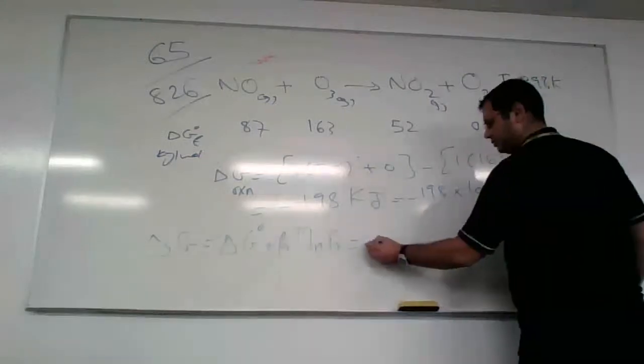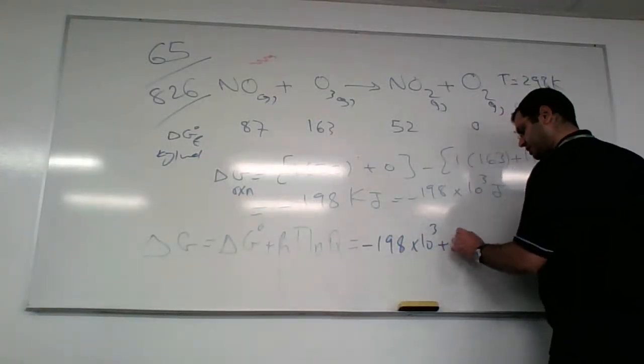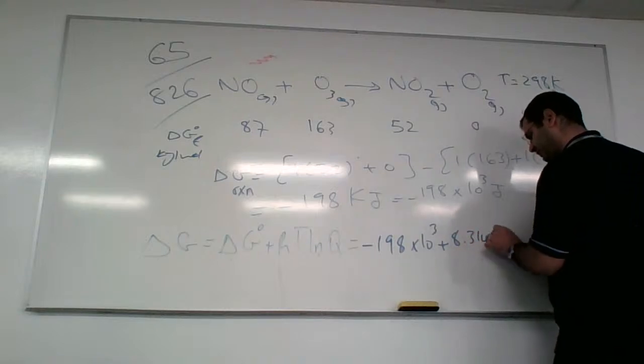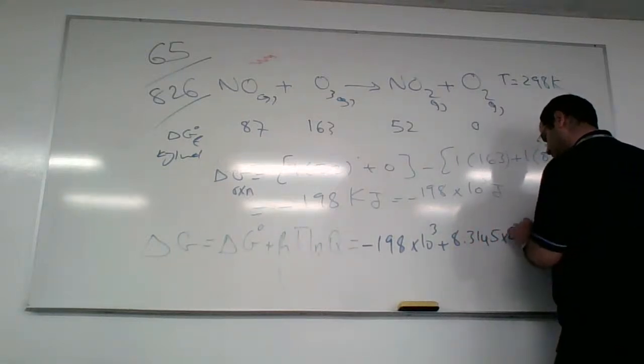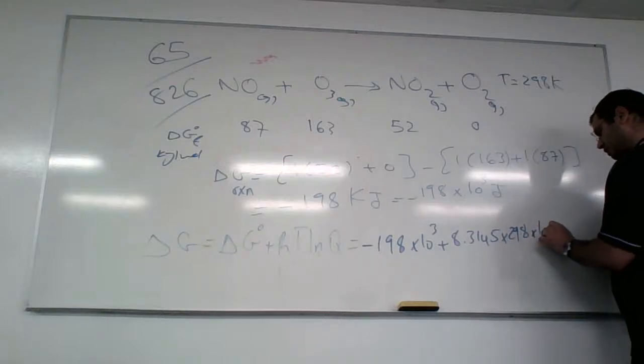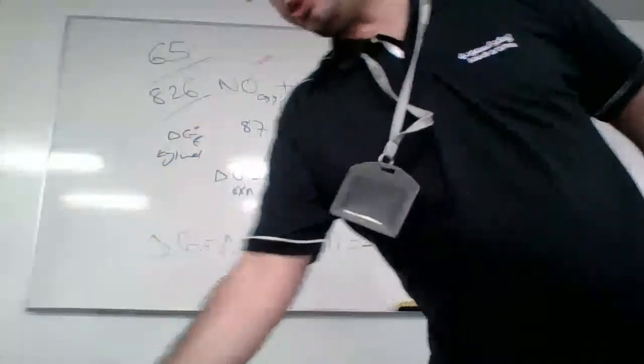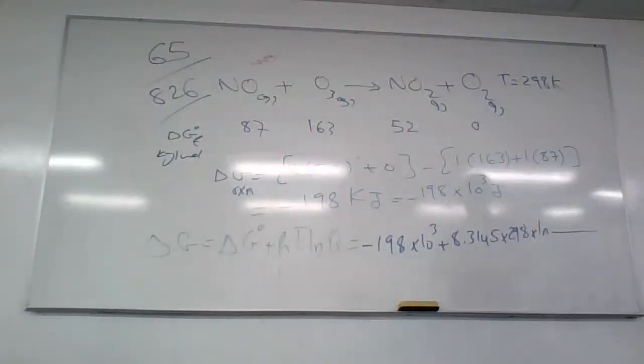It's equal to minus 198 times 10 to the power 3 plus 8.3145 times 298 times ln Q. Q, what do you get, Shabab? Products over reactants. We mentioned it, huh?